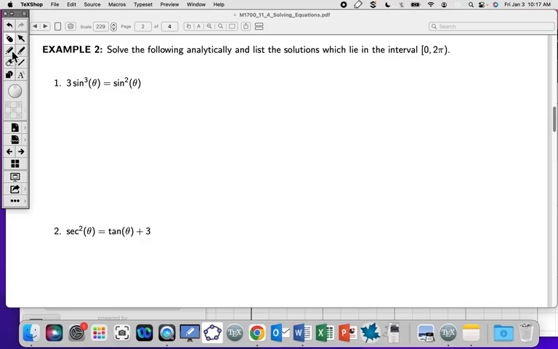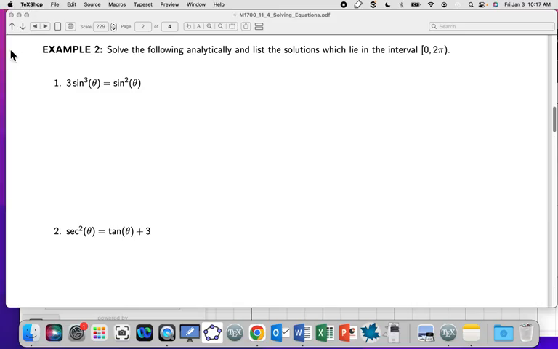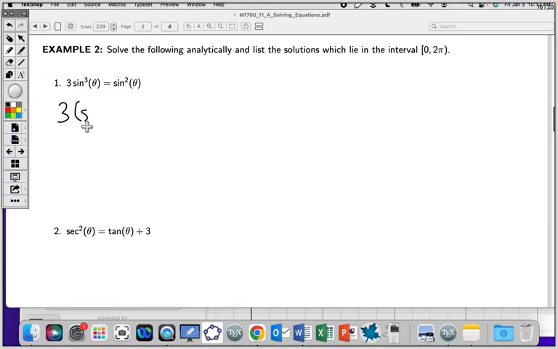So if we think about what's actually happening here, remember that when you have sine cubed theta, that means sine of theta cubed, and this is sine of theta squared.